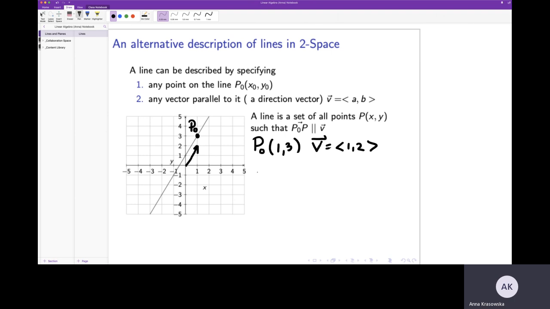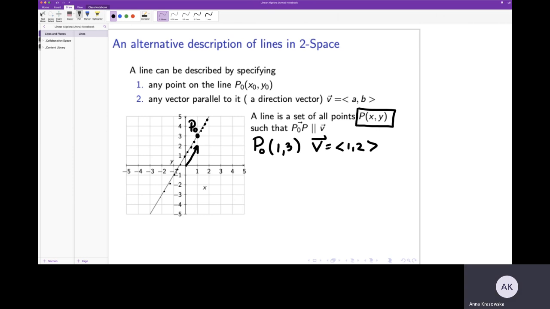So what is the equation of that line? This is an equation that will involve x and y. Think of the line as infinitely many points, okay?